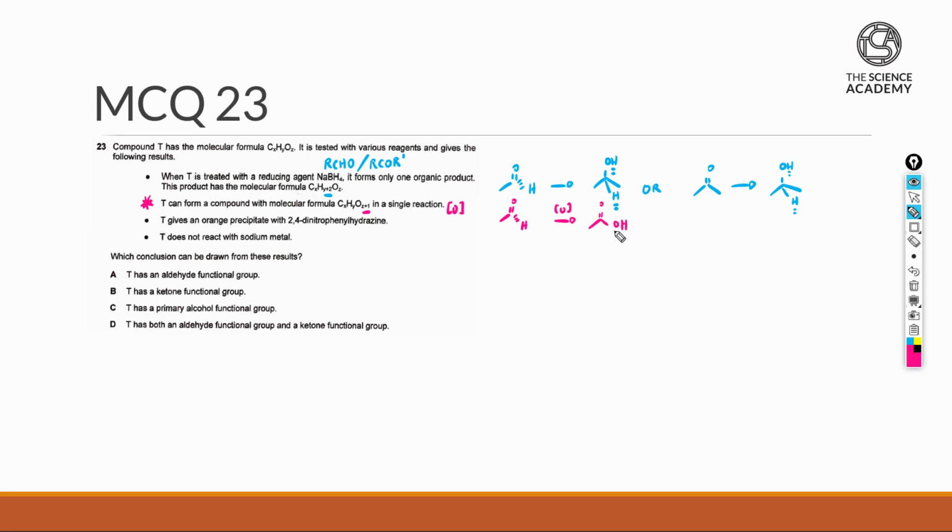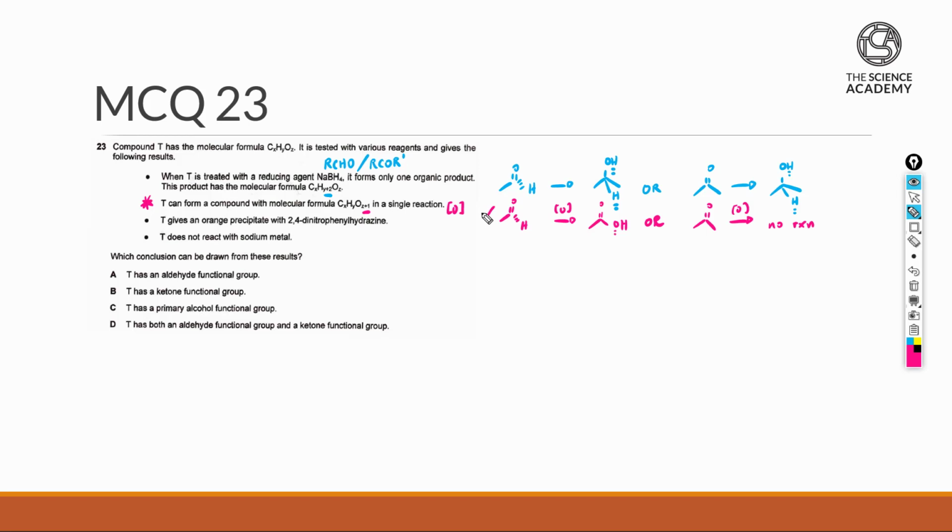Do see that there's an increment of one oxygen. But if we hang on to the original ketone idea here, the ketone is done for. It cannot go for any form of oxidation.